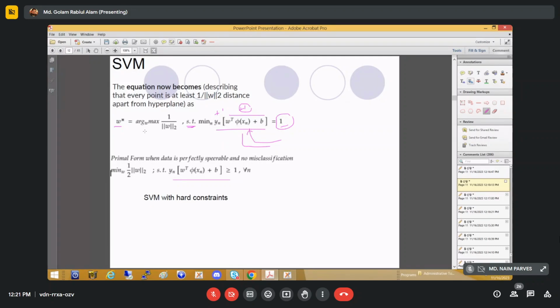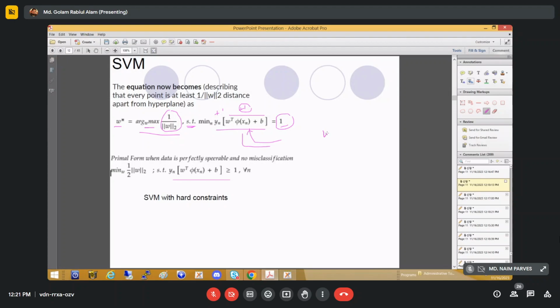And here is this part, this is the maximization. Actually, this part is our margin. It will ensure the maximization of margin. So maximization of 1 by norm W, this is the maximization function. But the same thing we can write differently. This is 1 by something.